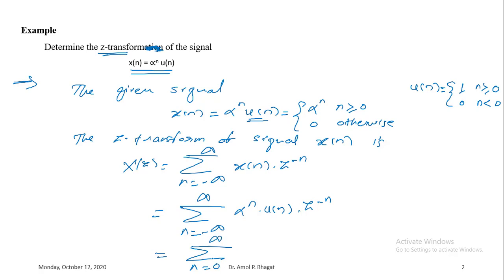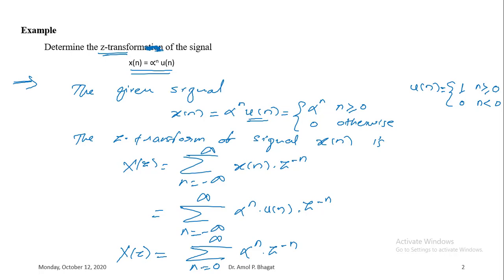The new summation limits for this X of z will be n is equal to 0 to infinity, and for these values u of n will be 1, so you can simply write alpha to the power n into z to the power minus n. This is the transform that we get.